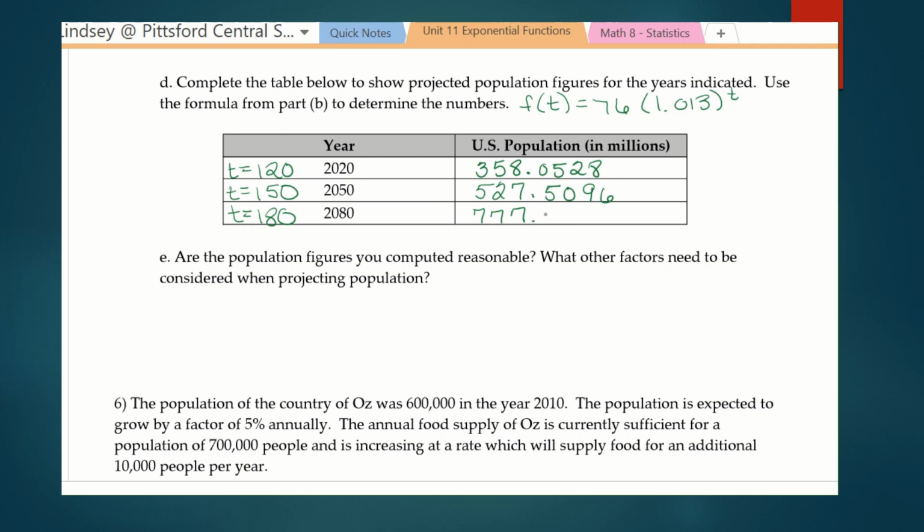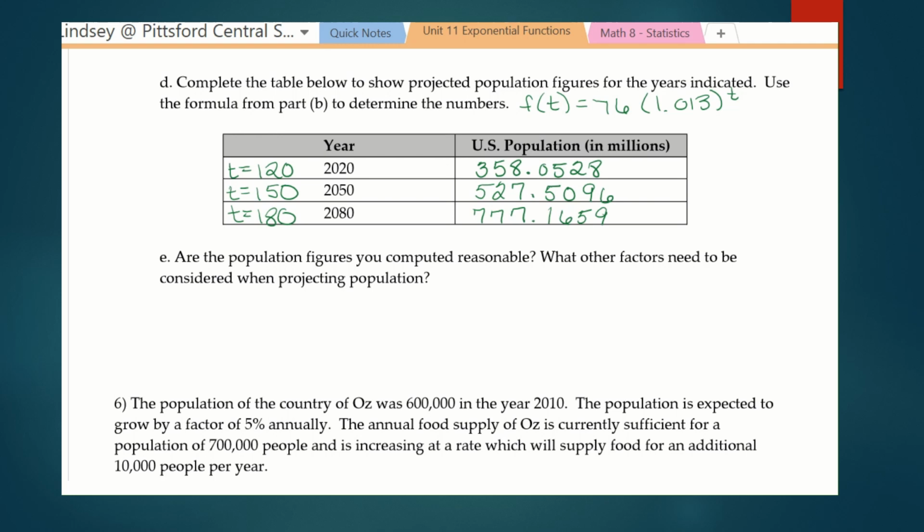If we went out 4 decimal places, we'll go 1659. There we go. So this gives us a nice clear picture of about what the population might be if we were to use that formula from Part B.